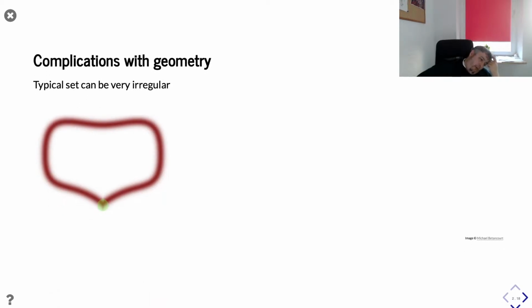However, the problem is that the more complicated the distribution, the more complicated the typical set can be. And it can have a very difficult geometry to explore. Just as in optimization, we have a complicated geometry of the functions that we want to minimize.